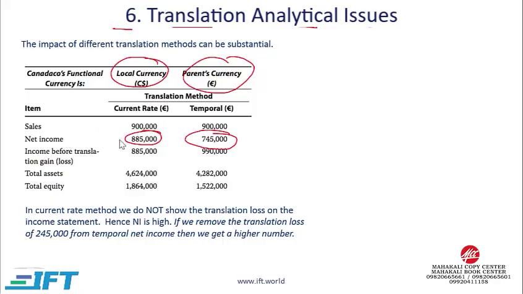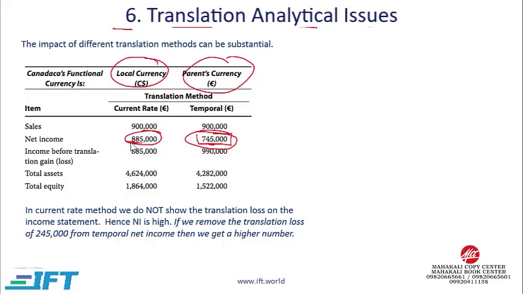The net income with the current rate method is 885,000. With the temporal method, it is much lower because we show the translation loss as part of the income statement when we use the temporal method. That explains why this number is substantially lower than the net income arrived at using the current rate method.